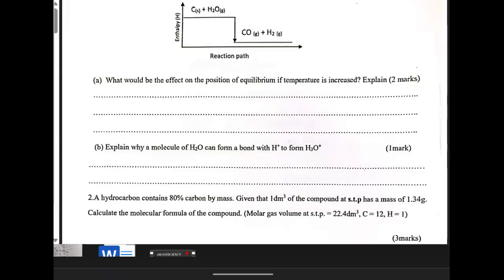In terms of the reaction that will be favored, the backward reaction will be favored, because the forward reaction does not require heat, so that one will not be favored. The one that will be favored is the backward one. In terms of the yield, more of the carbon and water will be formed.